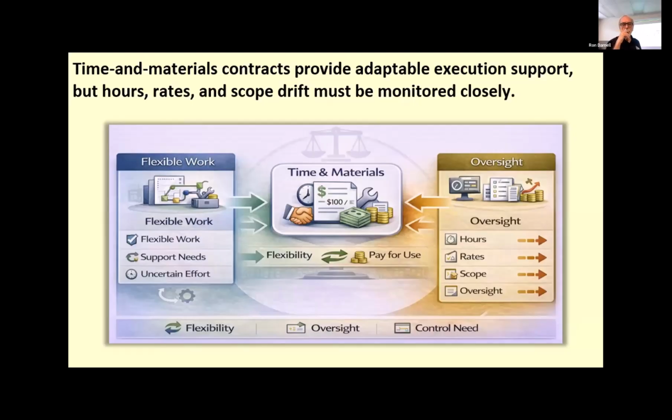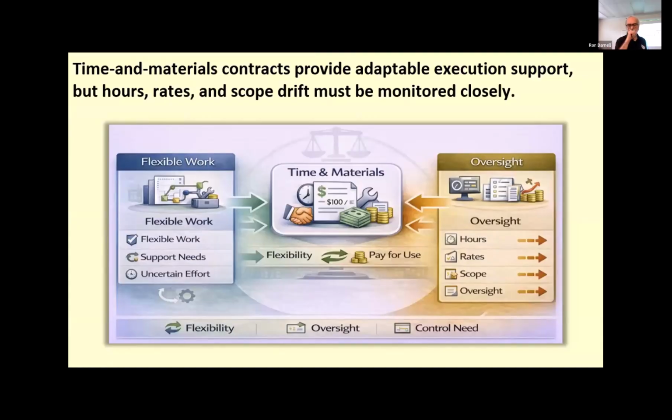Otherwise, the project can experience slow cost growth and weak accountability and gradual scope expansion or scope creep without a clear control point. And so from a project performance standpoint, time and materials contracts are not inherently weak or risky. They're simply less self-constraining than fixed price agreements.